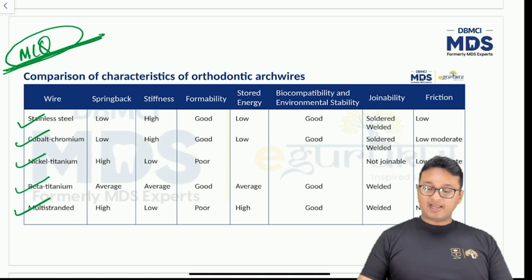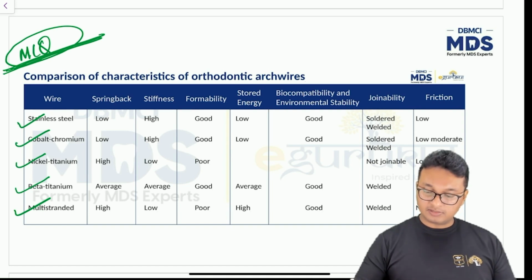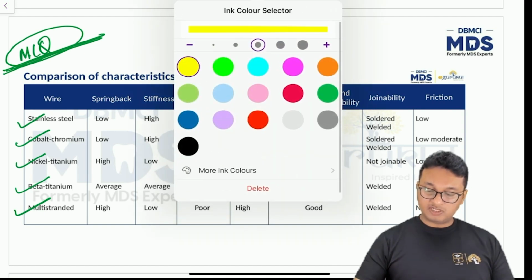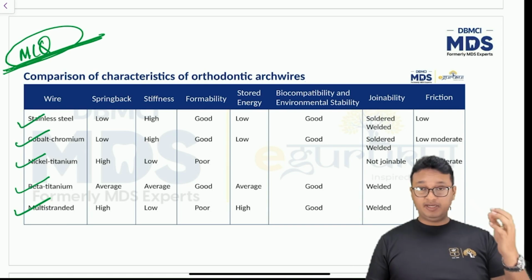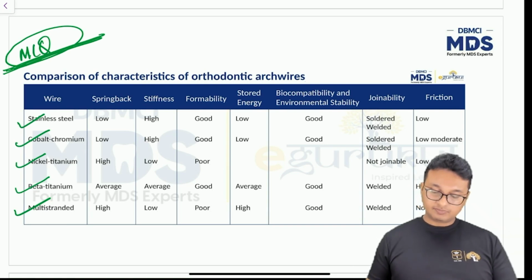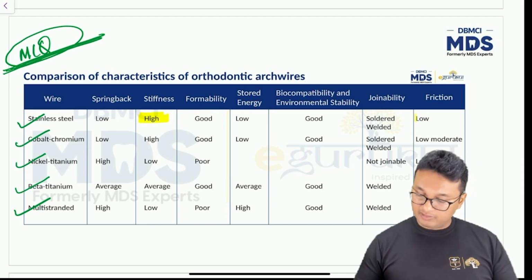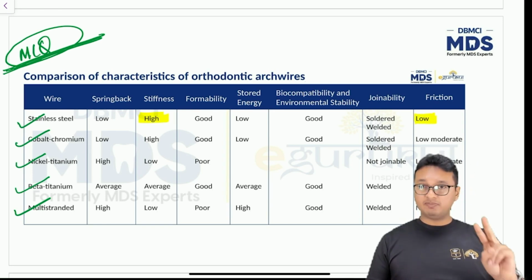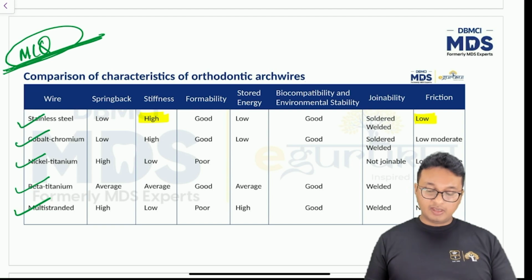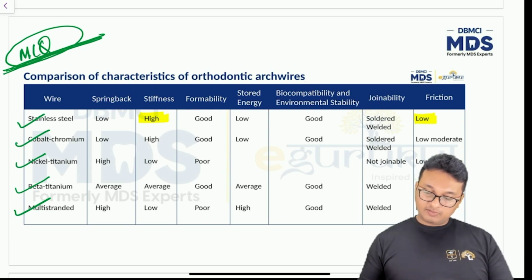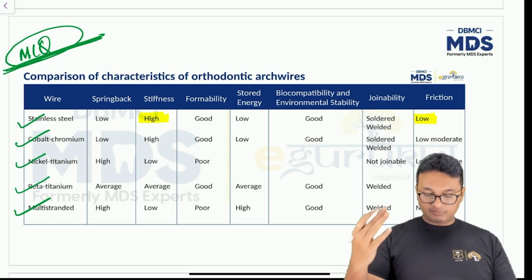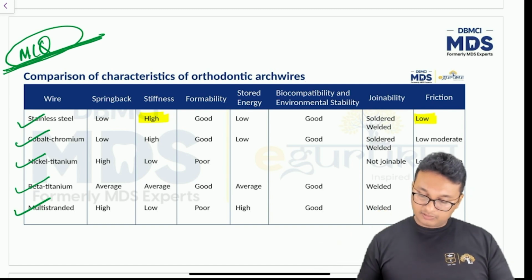Now I'll just highlight the most important characteristics of each wire, which should be remembered by you. In stainless steel, we have very high stiffness and very low friction. These two are the important properties to be remembered. In cobalt chromium wires, we have nothing much in particular, just low to moderate friction.